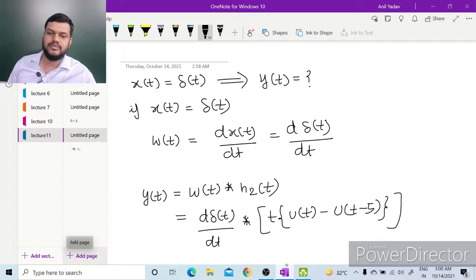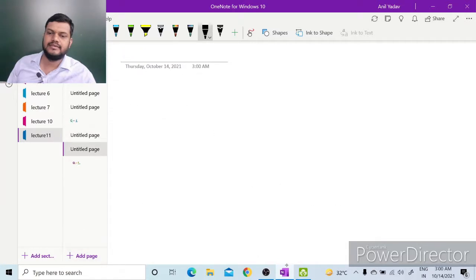So we can write y(t) as δ(t) convolved with, we can multiply with this t inside and then find the derivative.